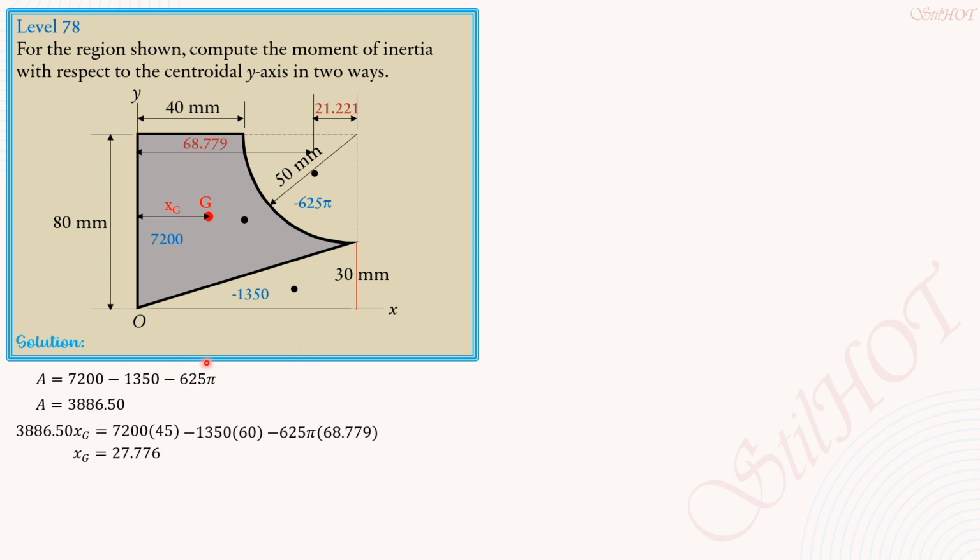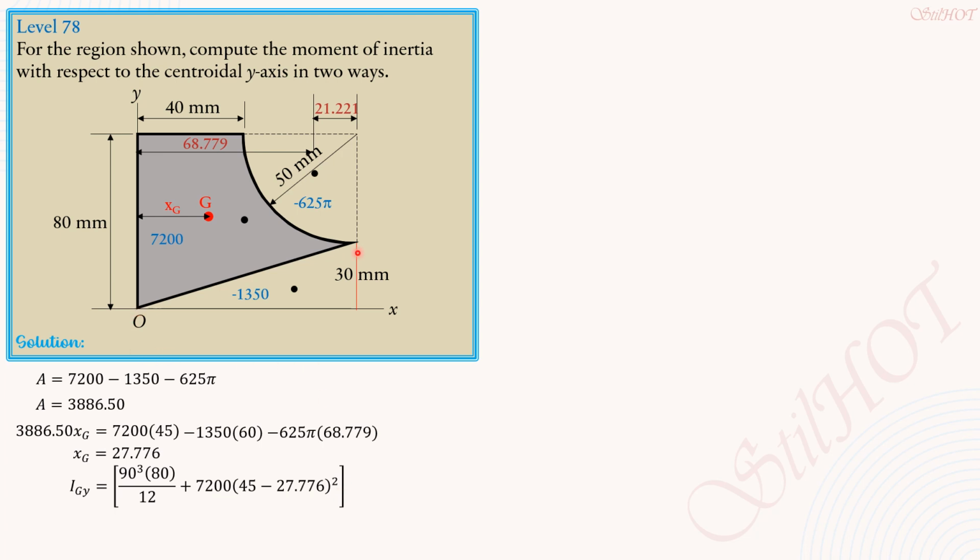So solving for xg is equal to 27.776 mm. Now we transfer the moment of inertia of each element with respect to the centroidal axis. So for Igy, it is the moment of inertia of the rectangle, which is 90 cubed times 80 over 12 plus 7,200, then quantity 45 minus xg, quantity 45 minus 27.776 squared.